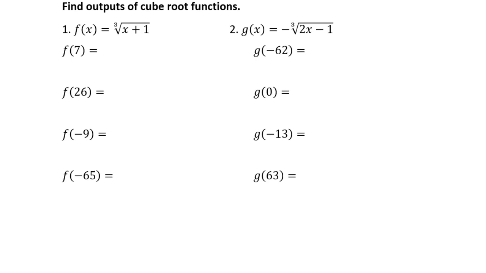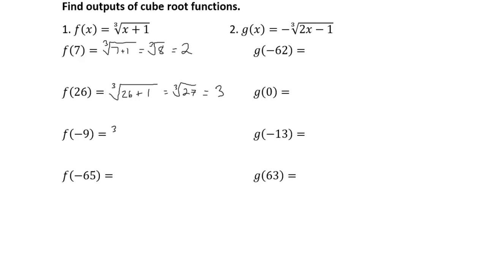All right, so now we're going to do outputs. So this would be the cube root of 7 plus 1, which is cube root of 8, which we do know is 2. All right, so we have 26, so plug that in, 26 plus 1, which is the cube root of 27, which is 3.